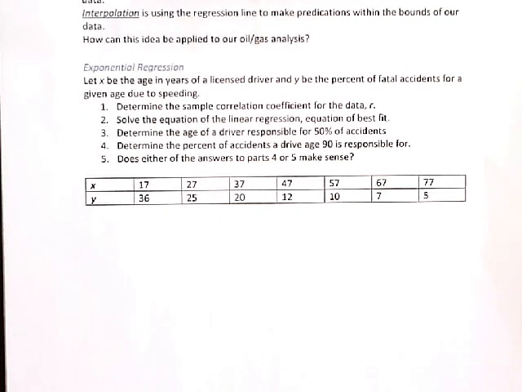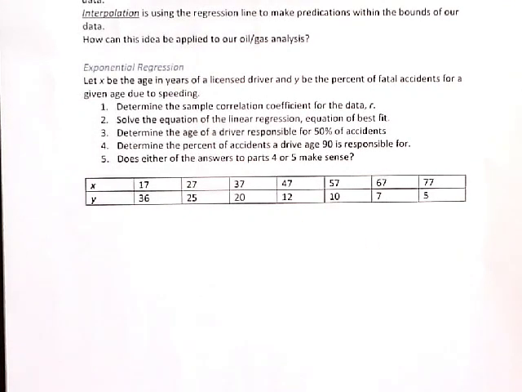Procedurally, there is nothing different between doing an exponential regression, a natural log regression, a linear regression, any of the regressions. Procedurally, they're all the same. It's just a matter of what function you're going to use in your calculator to get the answer that you're looking for. Okay? So here's an example for exponential regression.